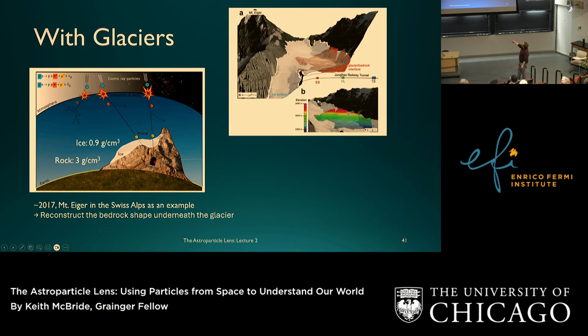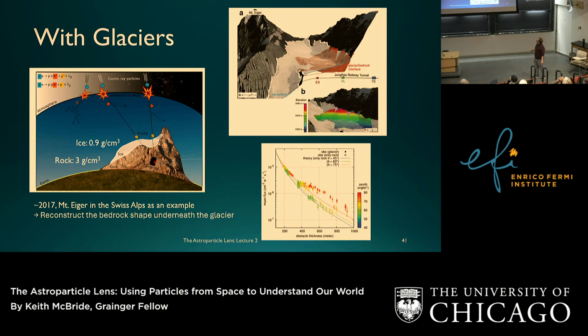And so this is a reconstruction. Each of these sites shows the location of a different muon detector in a tunnel below Mount Eiger in the Swiss Alps. And so what they found was that their muon flux versus obstacle thickness, if there was only rock, would follow these lines, but the data points show that there's an overabundance of the thickness, right?